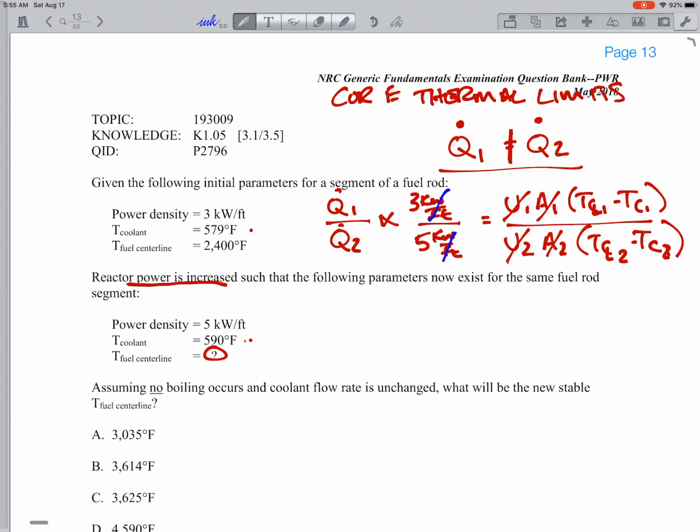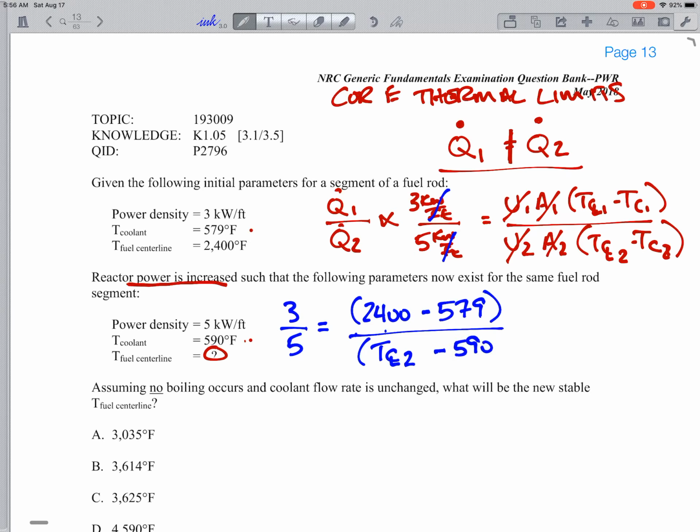So my equation is going to be 3 divided by 5, excuse me, temperature centerline 1 minus temperature coolant 1. The temperature centerline 1 is going to be 2400 minus 579, divided by temperature centerline 2, which is what we're looking for, minus 590.